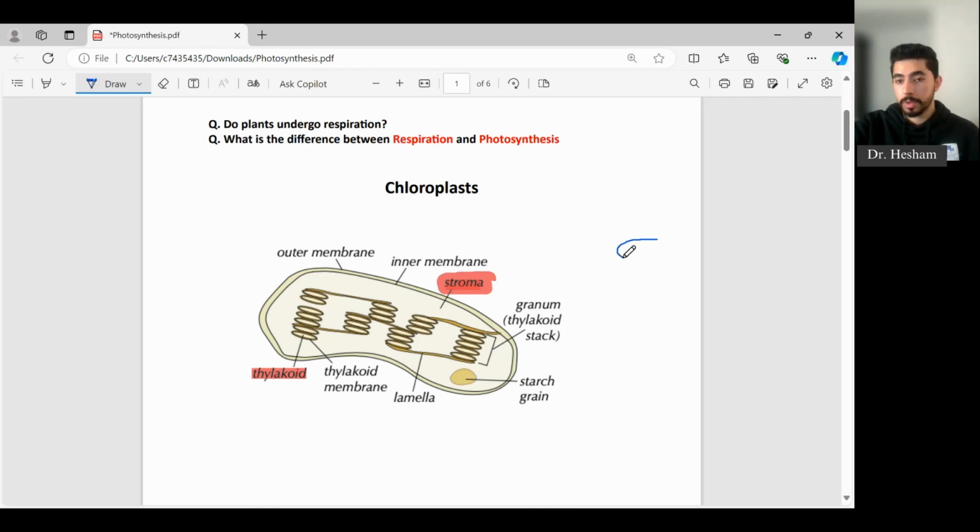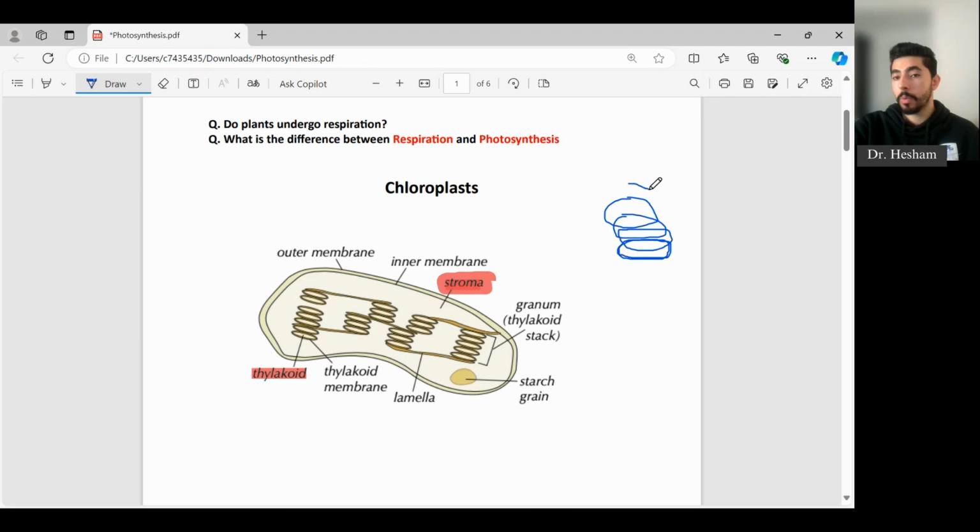What is a thylakoid? A thylakoid is a small disc-like structure in which different metabolic processes happen. So a part of photosynthesis is going to happen inside this thylakoid. And in a single chloroplast, we have multiple thylakoids that these processes can happen in. To maximize how much photosynthesis a chloroplast can do, I have multiple thylakoids.